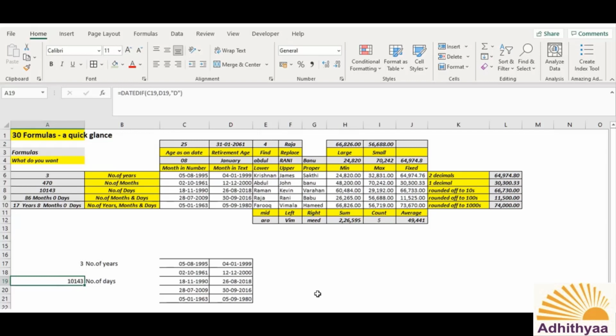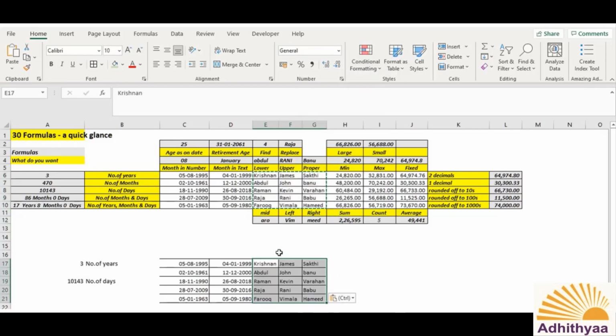Okay, good. Let us get into another sample. This is the text sample. I'm going to paste this here. The formula I'm going to look at is text, proper. Proper means everything should come in sentence mode.